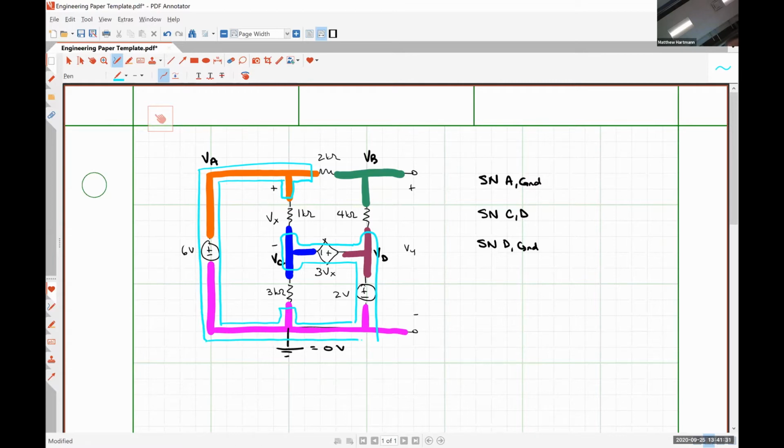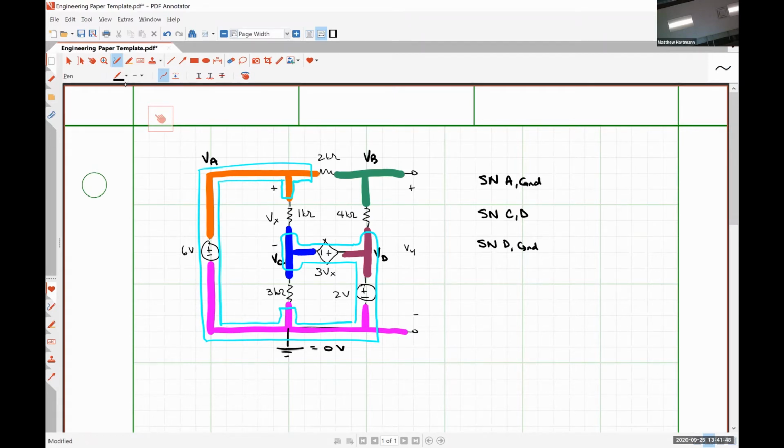So it actually takes up the overwhelming majority of the circuit. That may seem like it's bad news, but it's actually incredibly good news, okay? So this super duper node, as it were, contains the reference node, right?